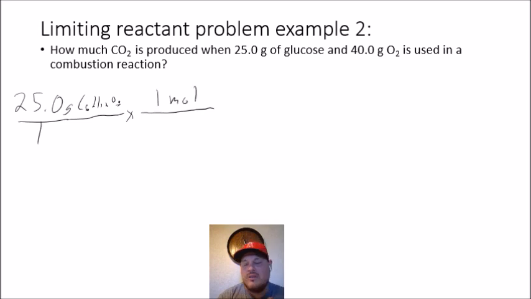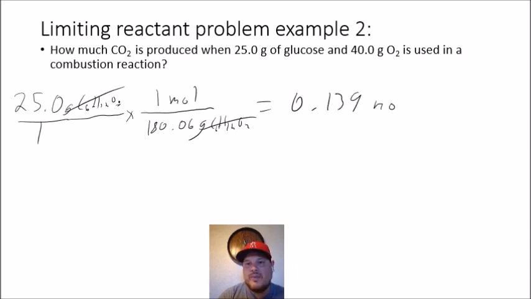For every 1 mole of glucose, we have 180.06 grams of glucose, C6H12O6. When I use my dimensional analysis and cancel out the units, I get 0.139 mole of glucose.